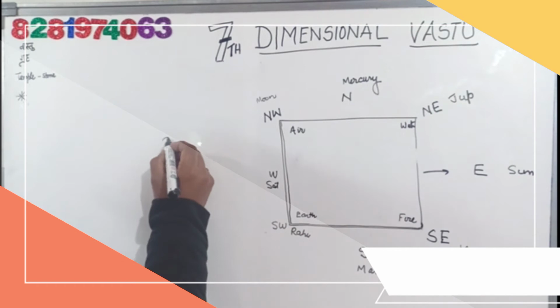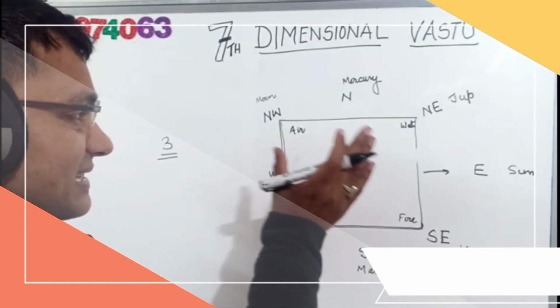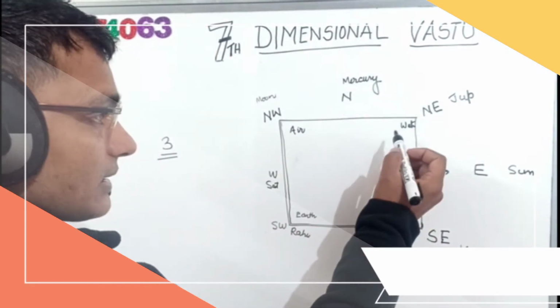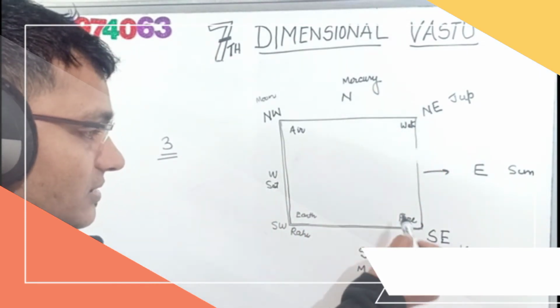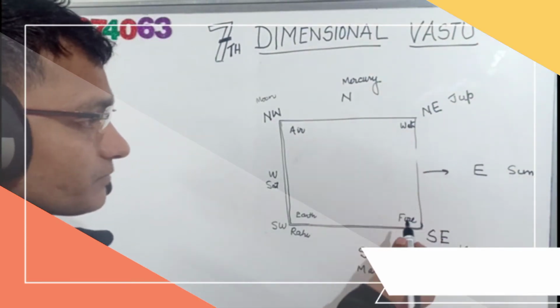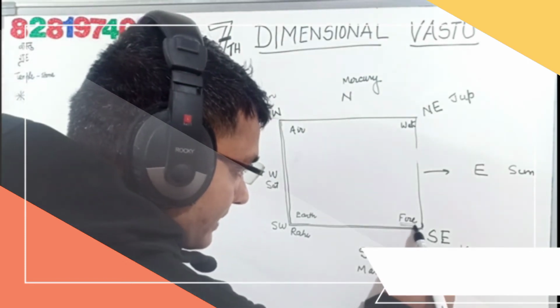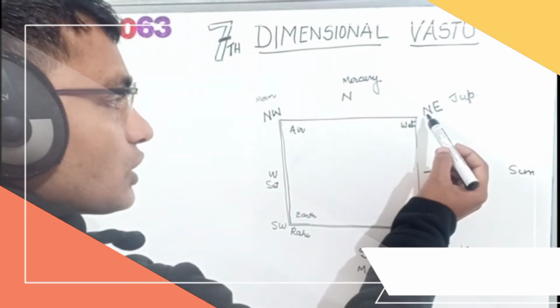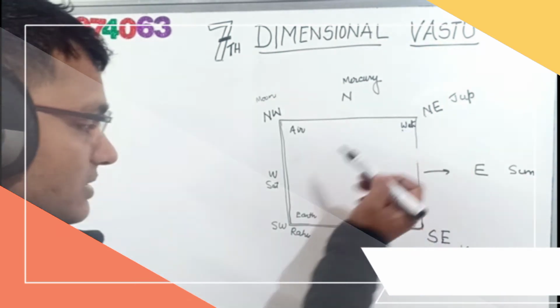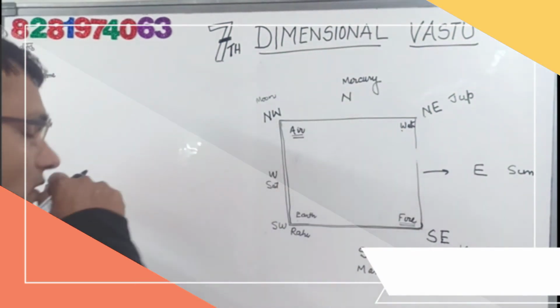Third point, if you see in a very simple way, there are some elements. Here you see southeast direction is the fire element, northeast direction is the water element, here it is earth, here it is the air element.